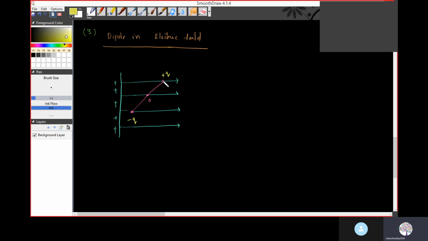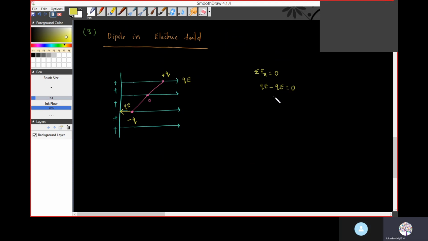Because this electric field is in this direction, so QE will act in this direction. Here it is minus QE, so it will act in this direction. So here it is in equilibrium, sigma Fx is equal to 0, because QE is acting along the positive x-axis and minus QE is acting along the negative x-axis.